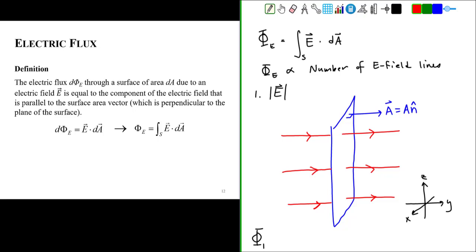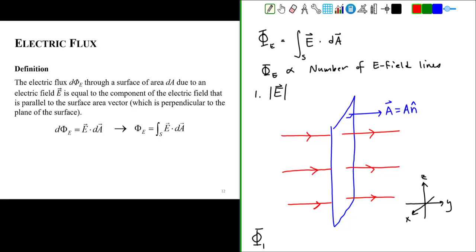The greater the number of lines, the greater the magnitude of the electric field. Now that we have three lines here, the magnitude of the electric field has tripled over the first image in which we had just one electric field line. And not only that, there are three field lines passing through the surface, which means the electric flux has tripled as well.